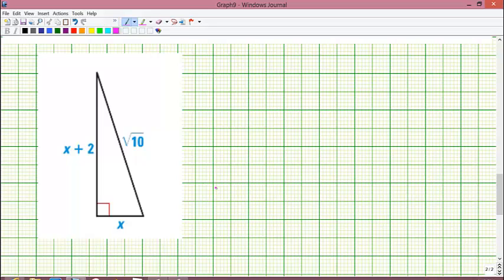We have a right triangle with the side of x plus 2, x, and the hypotenuse is root 10. We're going to still use the Pythagorean theorem, which tells us that a squared plus b squared equals c squared, and in this case the side a is x plus 2, so x plus 2 squared plus b squared, which is x squared, equals c squared, square root of 10 squared.